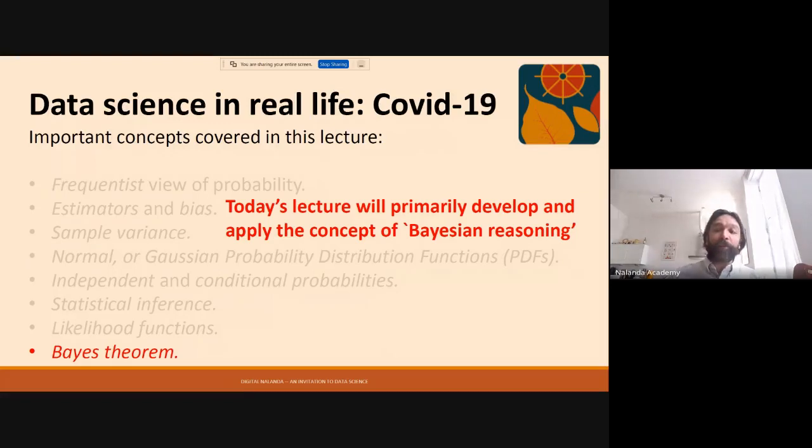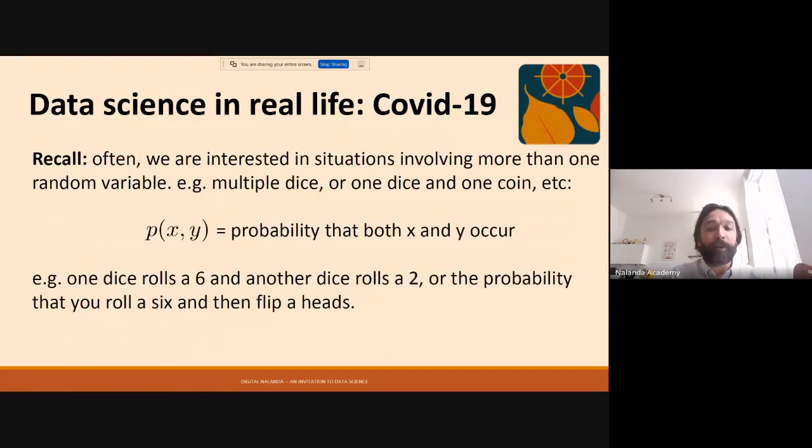So I'm just going to remind everybody, or if you haven't yet seen the first lecture, maybe this is a quick introduction, that very often we're dealing with situations where we have multiple occurrences or more than one random variable. And we encounter the phenomenon of what is called conditional probability.